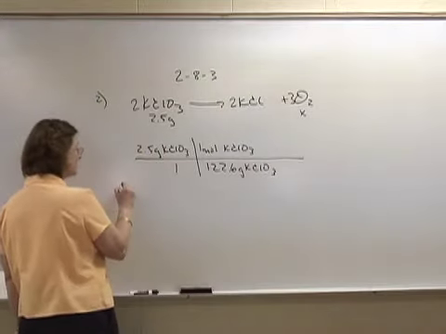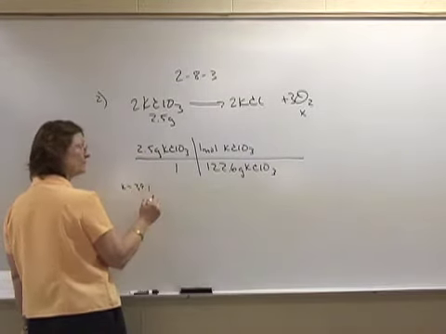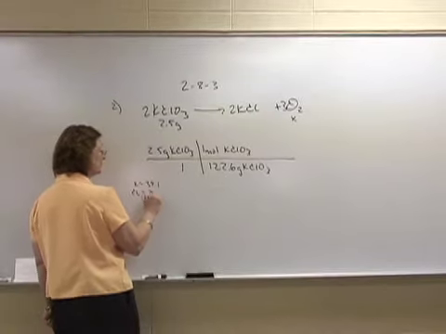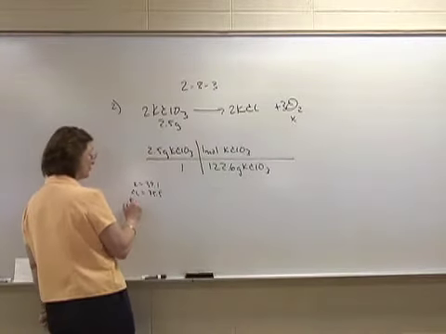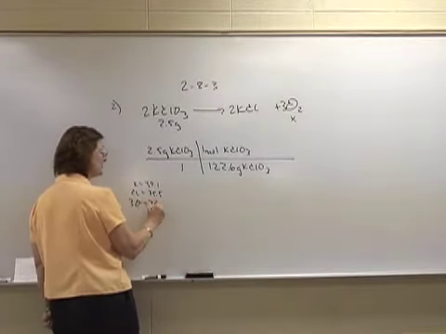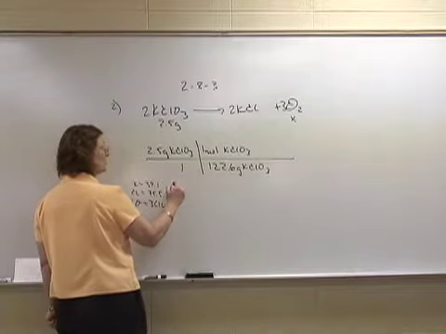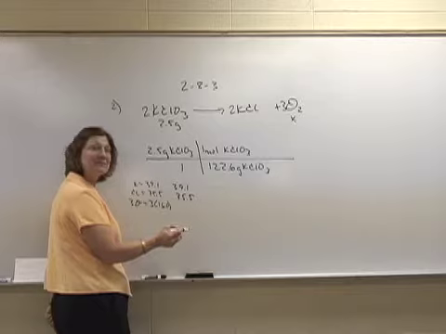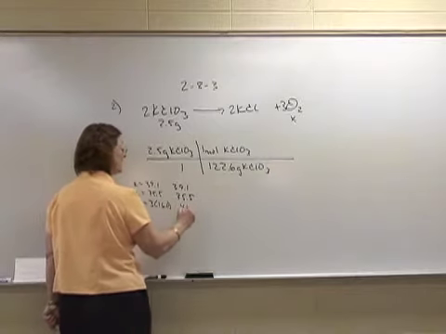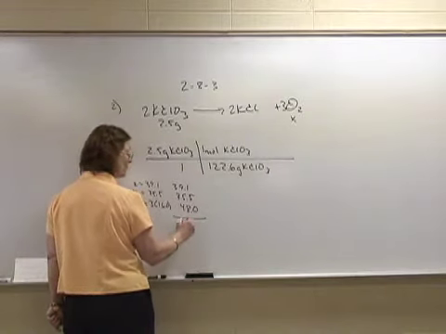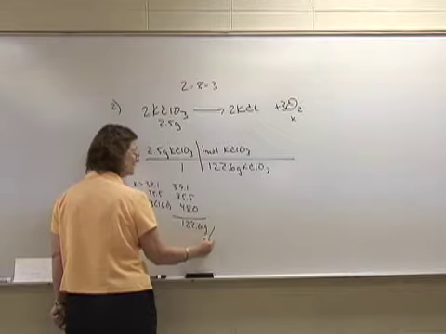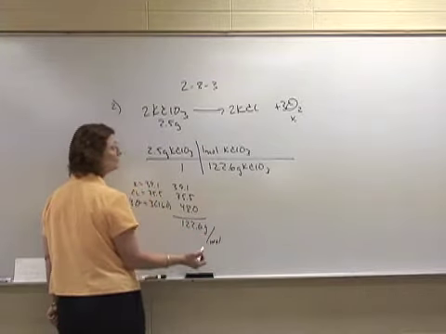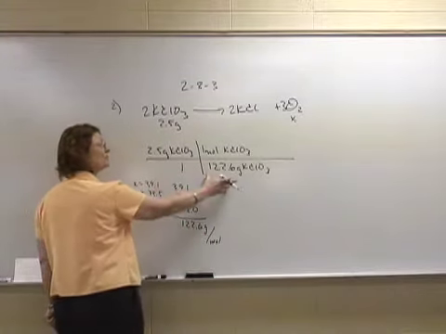Now, potassium is 39.1 and chlorine is 35.5. And there are 3 oxygens, which is 3 times 16.0. So I write them again because remember, that's where many mistakes occur. I write them all out and I get 122.6 grams per mole. That's how I change my grams to moles.